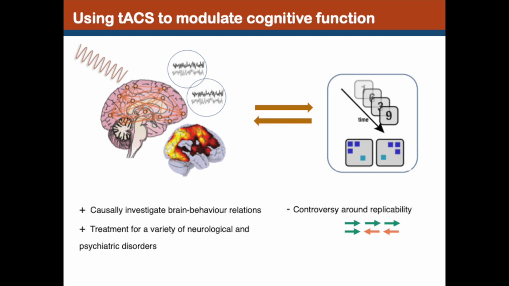So the idea here was really, okay, if these oscillations are important and the distribution of these oscillations is somehow important, where they occur, if they are across frontal and parietal cortexes, for example, and if this is indeed associated with behavior, then it should be possible to use an external oscillator to modulate your internal oscillators.